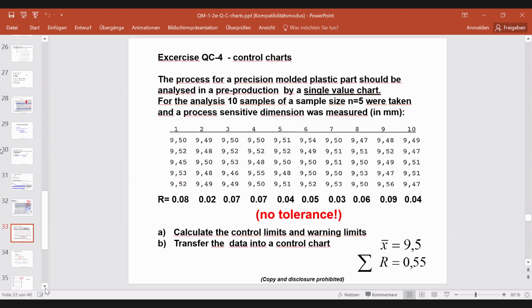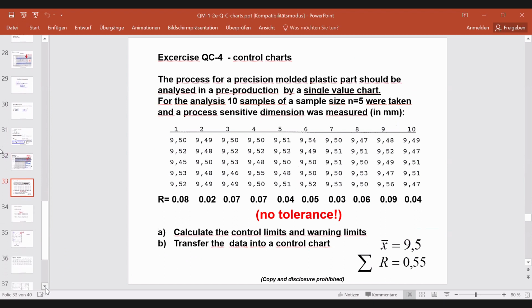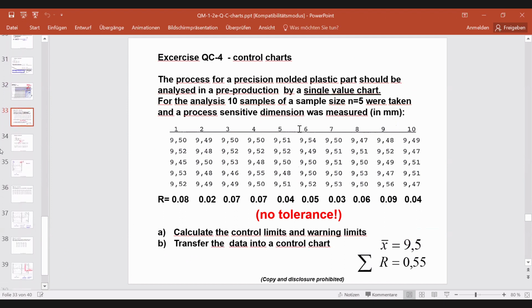Here's an example. The process for a precision molded plastic part, plastic component, should be analyzed in a pre-production by a single value chart. So we don't take the mean of the sample, we take every single value of the sample. For the analysis, 10 samples with a sample size of n equals 5 were taken, and the process sensitive dimension was measured in millimeters.